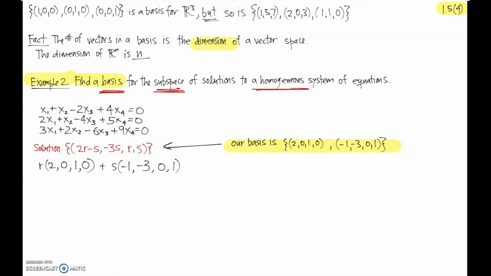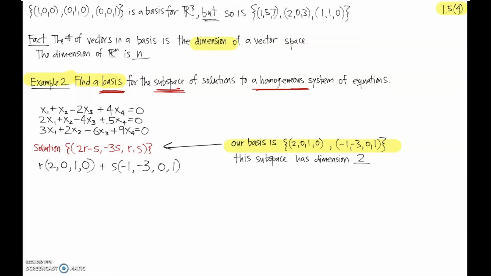And so we can also say that this subspace has dimension. Let's see, dimension is the number of vectors in a basis, and so this subspace has dimension 2. It's a subspace sitting inside of R4, but the subspace itself only has dimension 2 because its basis only has 2 elements in it.